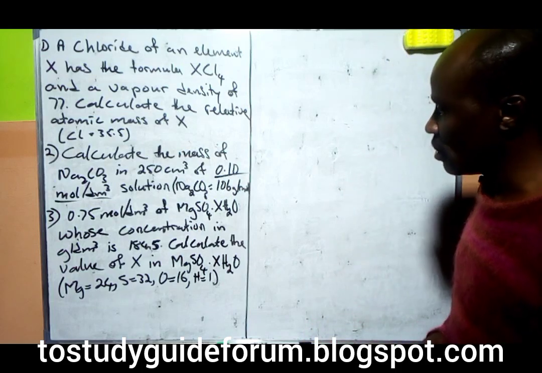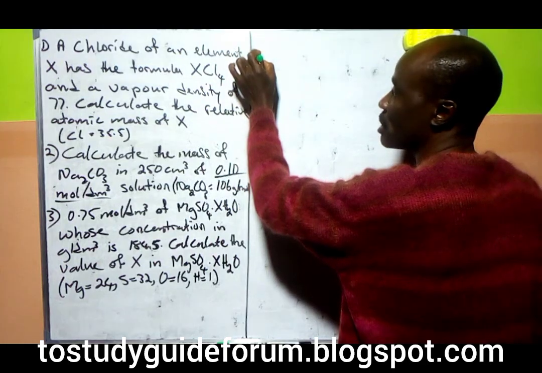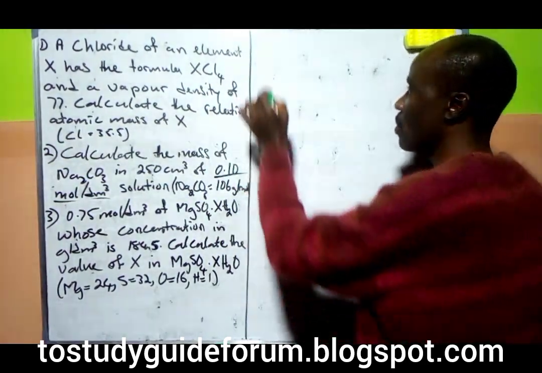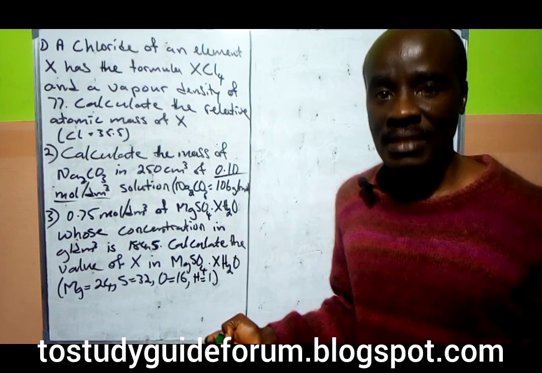So now to get this done, we know from this that 1 dm cube is the same thing as 1000 cm cube, or also the same thing as 1 liter.